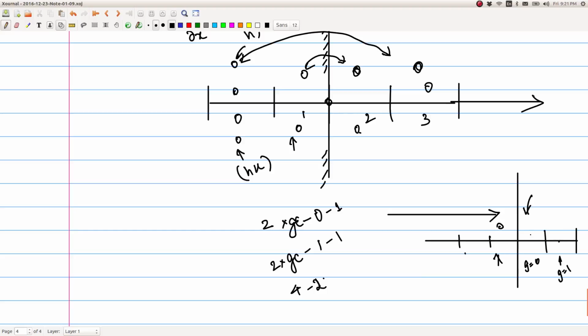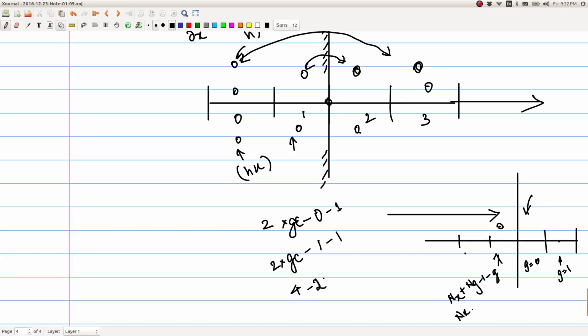So when ghost cell number is equal to 0, I should be pointing to this. So that is going to be equal to number of X cells plus the number of ghost cells. That will take me here, minus 1 minus G. So when G is equal to 0, I'll be here.